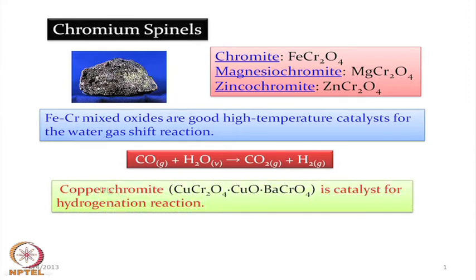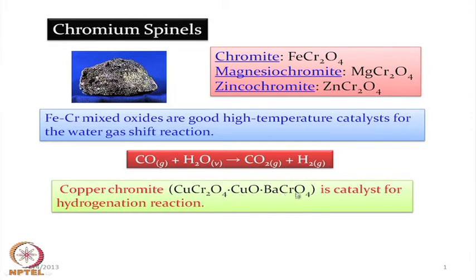So, one such example is not typically a corresponding copper chromite formulation like CuCr2O4, but it has something more. It is a mixed oxide structure where we can have copper chromite, copper oxide and barium chromate.